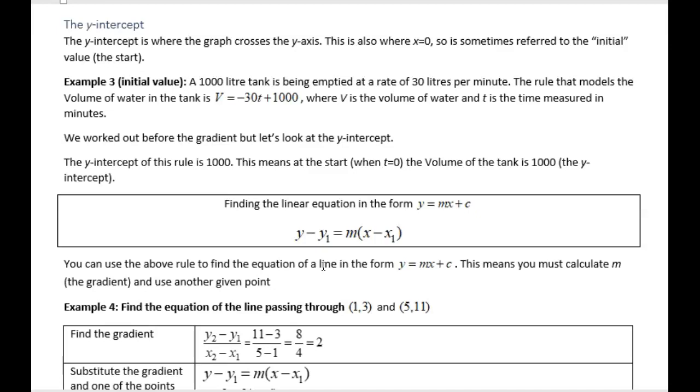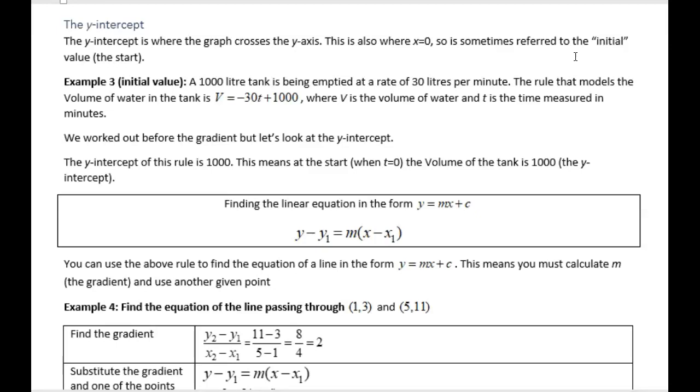Okay, so the y-intercept, just to recap, is where the line crosses the y-axis. So this is where x equals 0. Sometimes you have to work out what it is, you let x equal 0, or sometimes in the context of a problem, we call it the initial value.